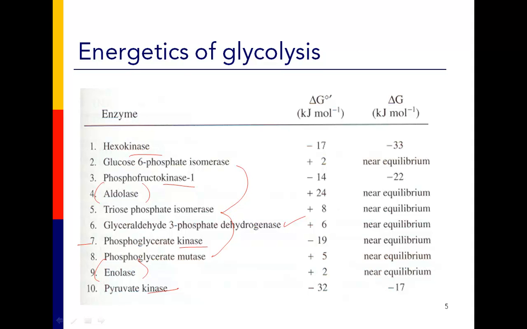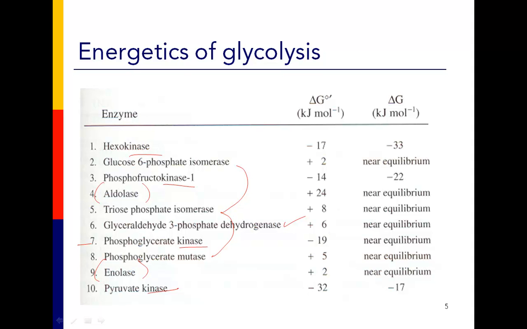Katie? They're not near equilibrium, they're negative, so it would be favorable. Right. Okay. So we're going to do a lot of glycolysis in a lot of cells, so we hope that the ones that are not near equilibrium are favorable in the glycolysis direction, right? And we're going to see, oddly enough, that those reactions that are metabolically irreversible in glycolysis, we're going to have to deal with in gluconeogenesis to get gluconeogenesis to be favorable overall too, right?